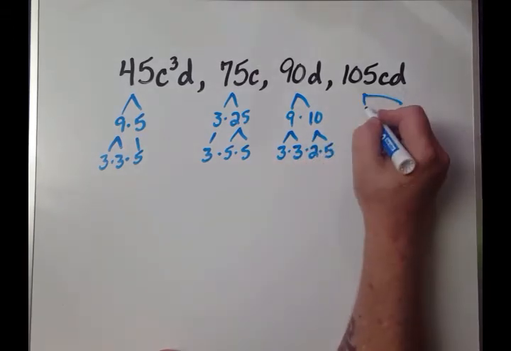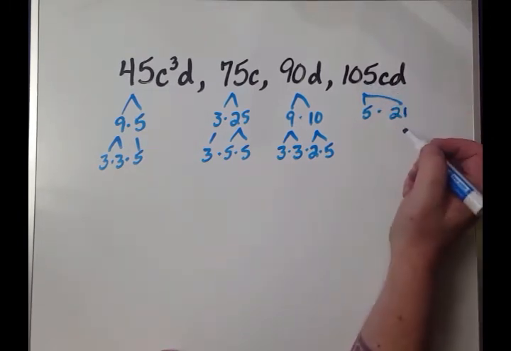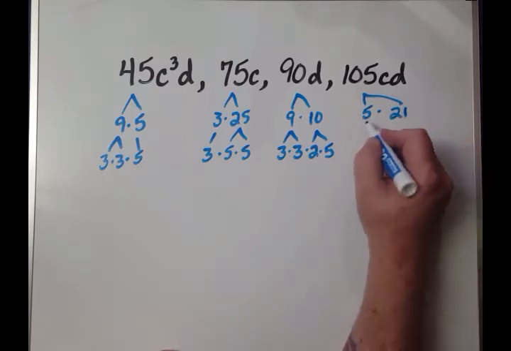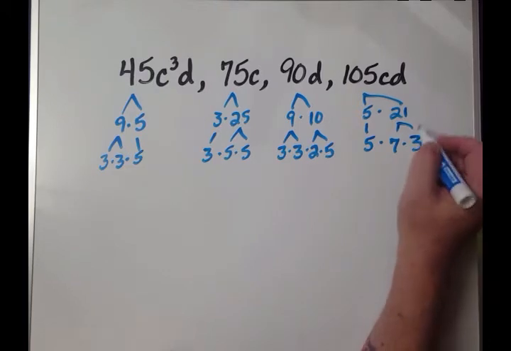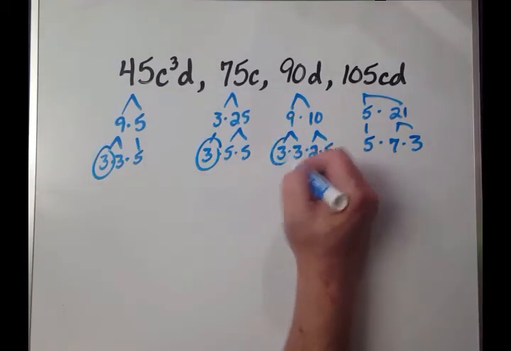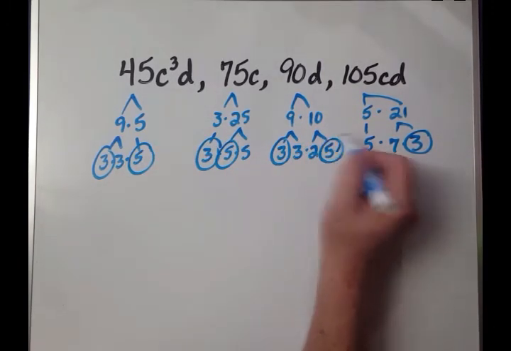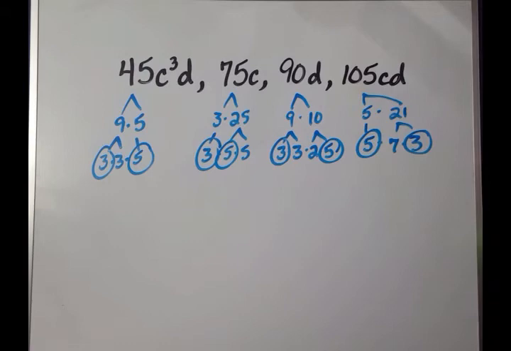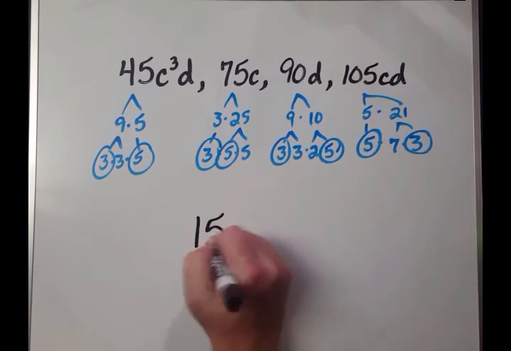And 105 is 5 times 21, which is 5 times 7 times 3. What do they have in common? They all have a 3. They all have a 5. And that's it. So yeah, the greatest common factor among the coefficients is indeed 15. No doubt about that now.